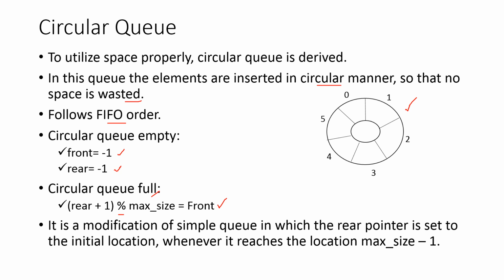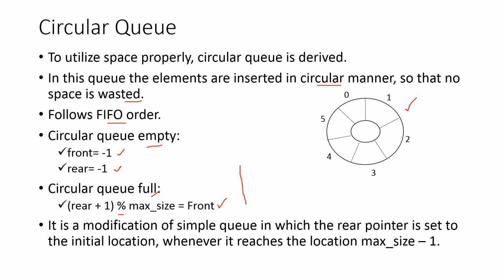That is, front equal to rear equal to -1 is the situation when the circular queue is empty. This will be clear when we discuss the example.